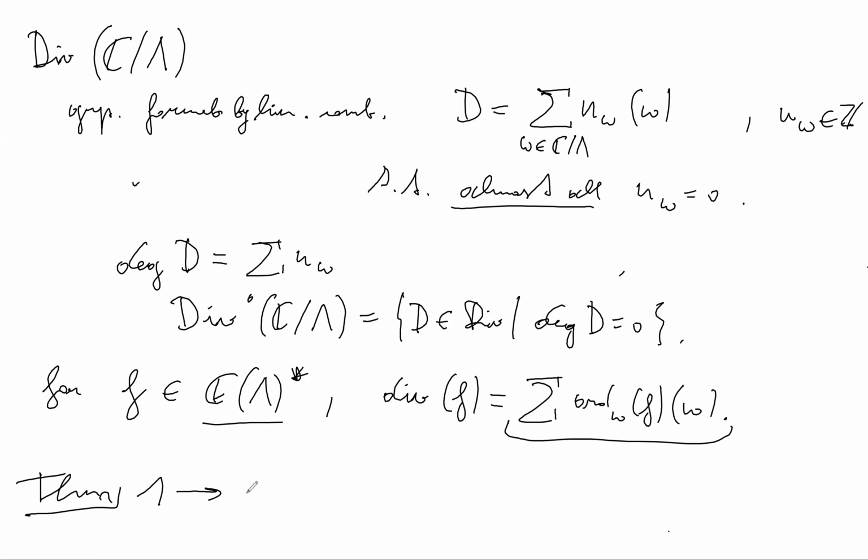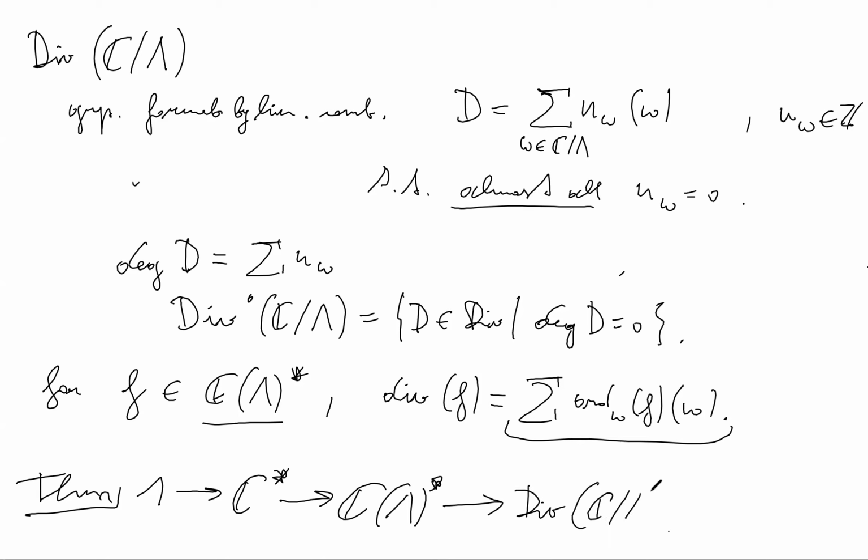It looks as follows: C star, lambda star, into divisors of degree 0. And then there's the sum function that brings me back into C mod lambda. I should probably say how the sum function is defined.